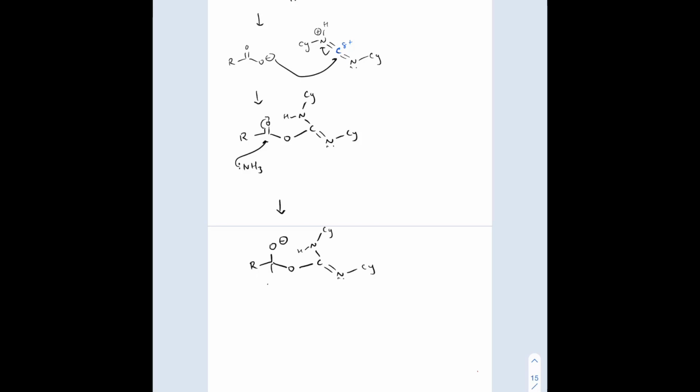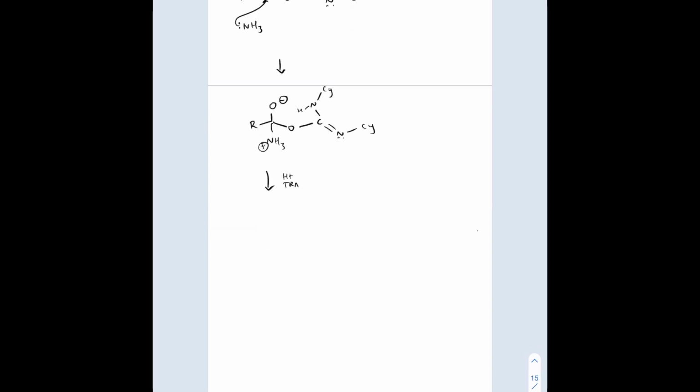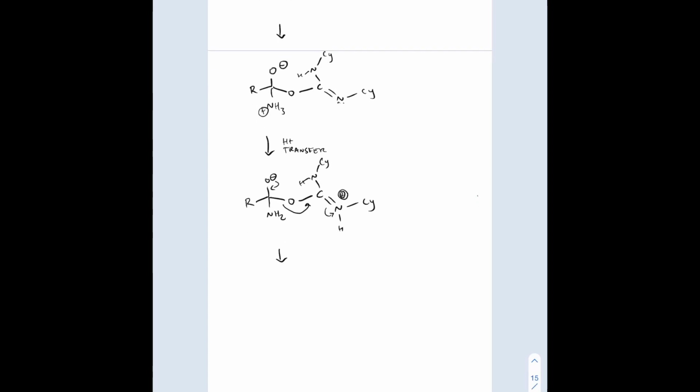So that carbon is going to get attacked by the ammonia, resulting in this new tetrahedral intermediate with a positive charge on the nitrogen and a negative on the oxygen. A proton transfer will occur, removing the proton on the ammonia that attacked and putting it on the iminium, or the nitrogen doubly bound to the carbon.